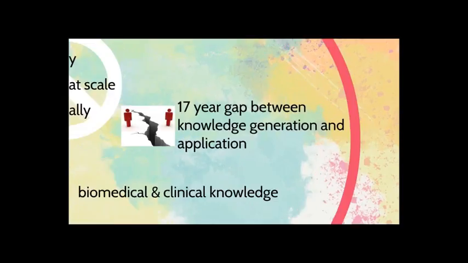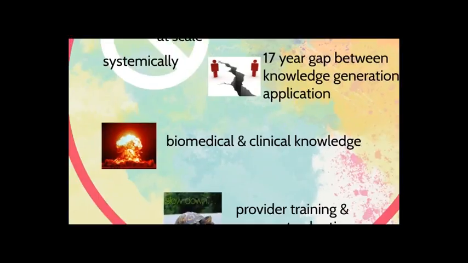It's so alarming that we have this shockingly large gap of 17 years between the time knowledge is generated and when we apply it. In worst case scenarios, that's people dying in that time span, or just having a poor quality of life. In healthcare in general, there's been an explosion of biomedical and clinical knowledge.